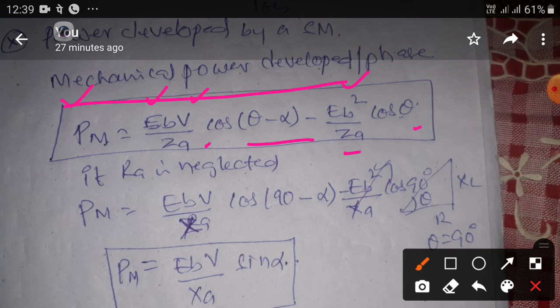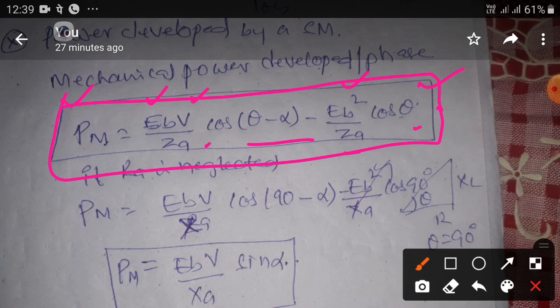This is a basic formula generally used for the synchronous motor, but there is no derivation here, so we are going to write it directly. The stator output is equal to the product of the back EMF and applied voltage divided by the synchronous impedance into cos of theta minus alpha, minus EB square by ZS into cos theta.